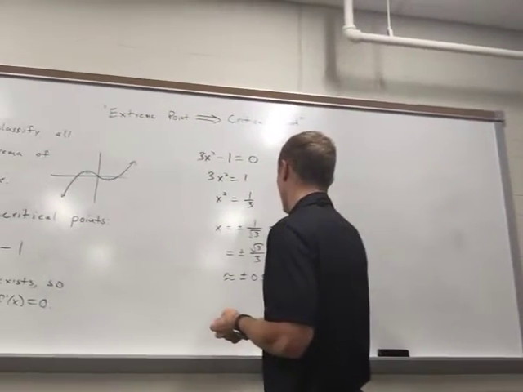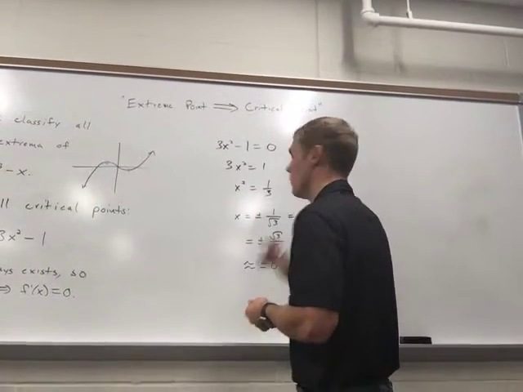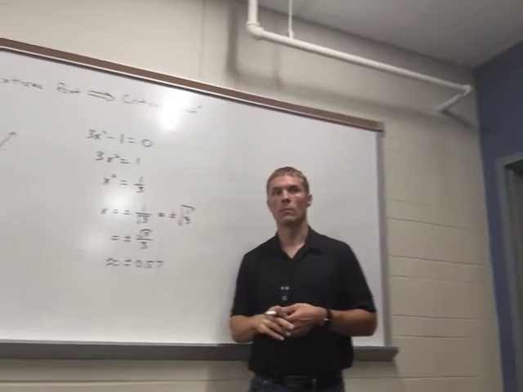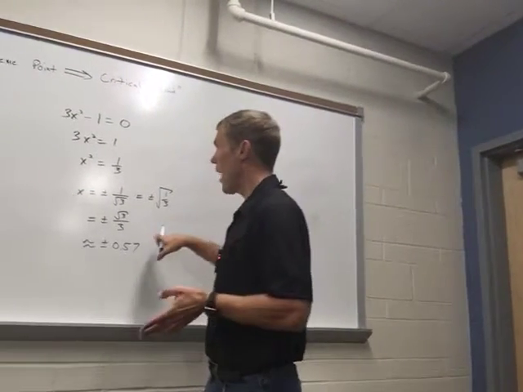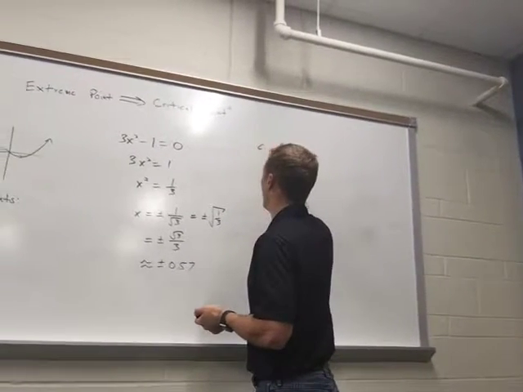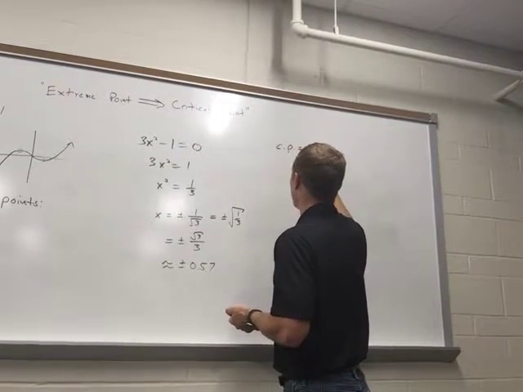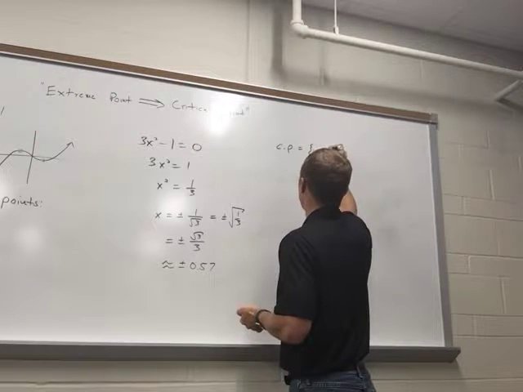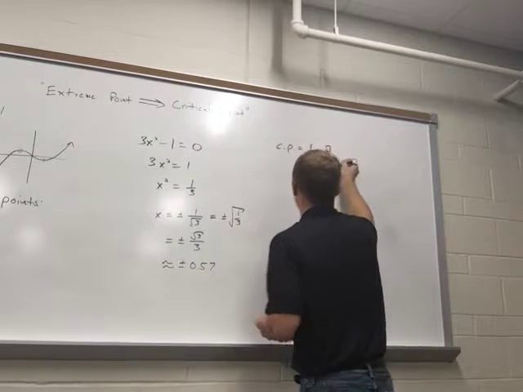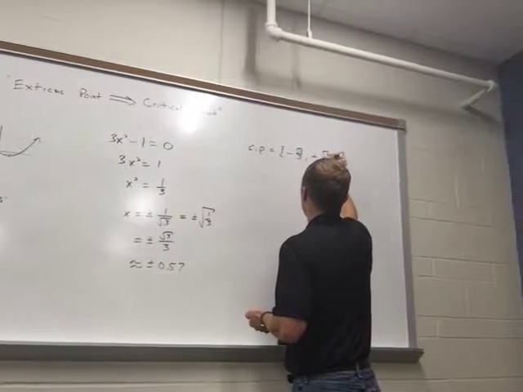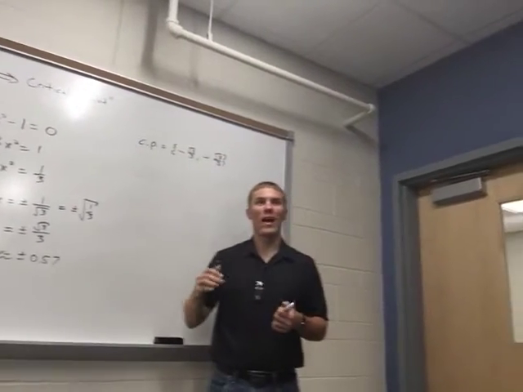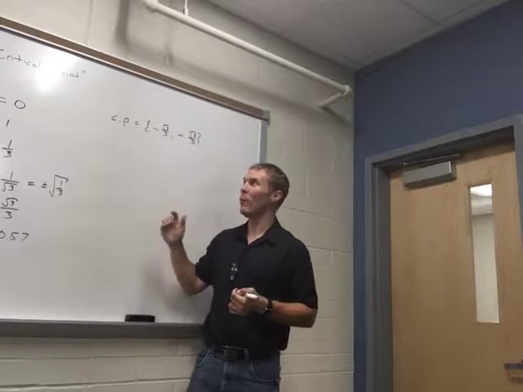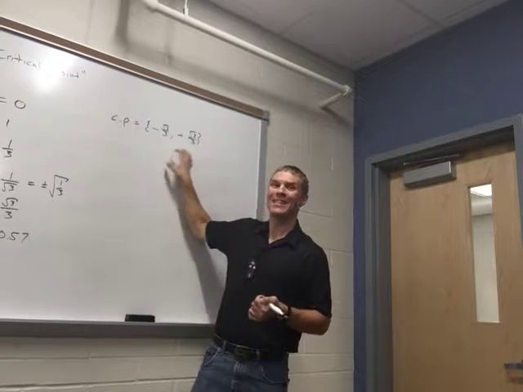This does equal plus or minus the square root of 1/3. So we have two different critical points. Look at the set notation: I have negative root 3 over 3, and I also have positive root 3 over 3. If f is going to have any local or relative extreme points, it must be in this list.